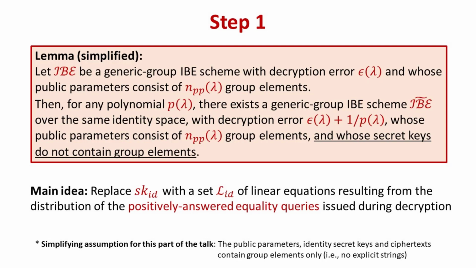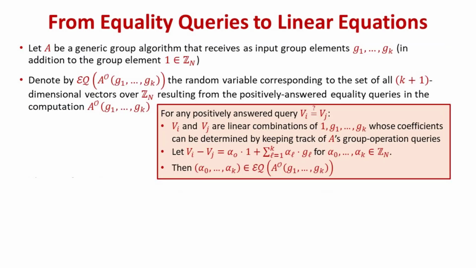Let me just note that for simplifying the presentation even further, I will assume in this part of the talk that the public parameters, secret keys, and ciphertexts consist of group elements only. For describing the process in which these equations are formed, let me introduce the following notation.